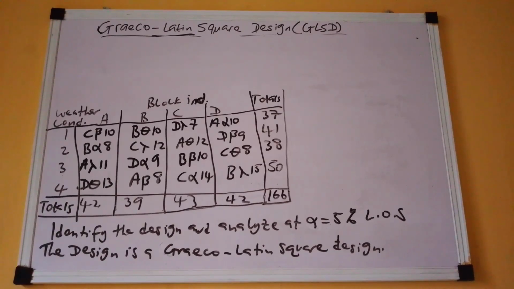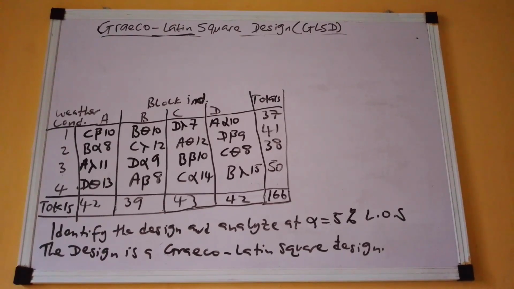The Latin letters are A, B, C, D, while the Greek letters are beta, alpha, lambda, and theta. So when you are calculating the sum of squares, you should be able to differentiate the Latin letters from the Greek letters.